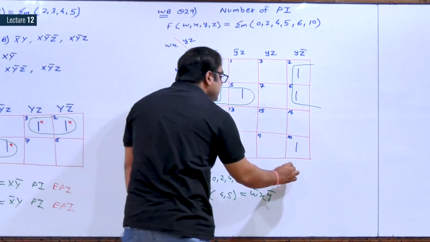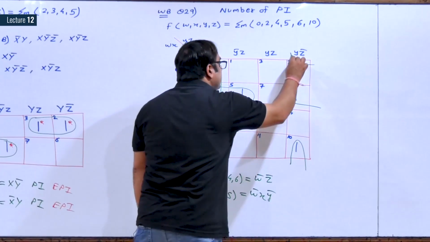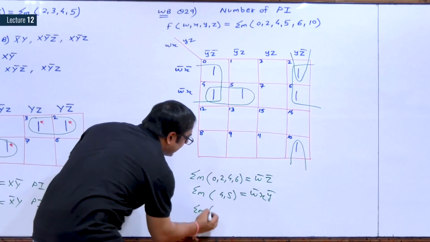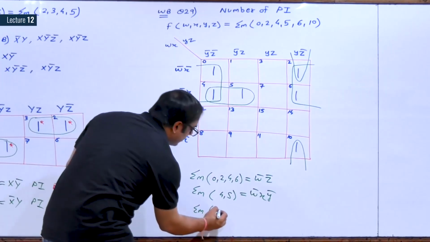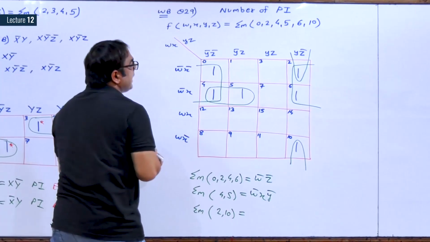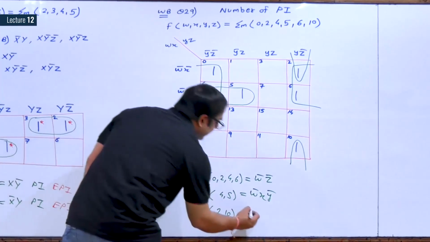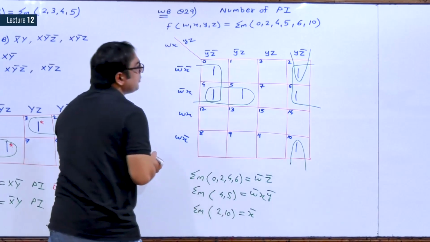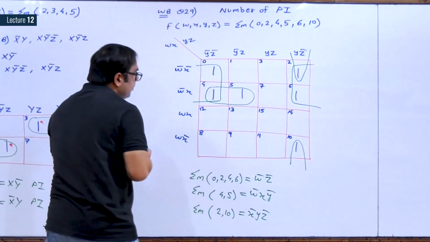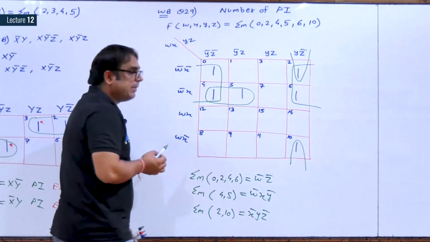Now the last one, this minterm 10 will go in pair with minterm number 2. So this is summation M 2, 10. X complement is common from this side, Y, Z complement.